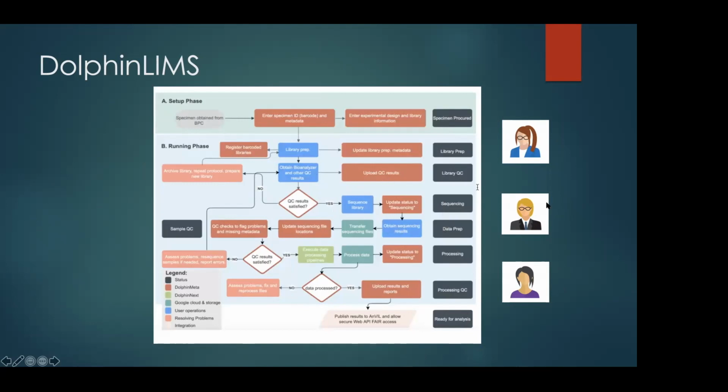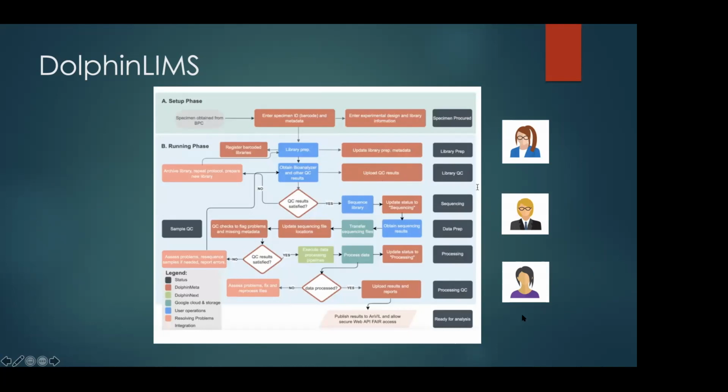For example, if this person is working in library preparation at the bench, when that person gets the data, prepares the library, runs things on the bioanalyzer and gets the results, they send these results back to the Dolphin meta program, and then the other people who are working on the same samples can see the status of the samples.